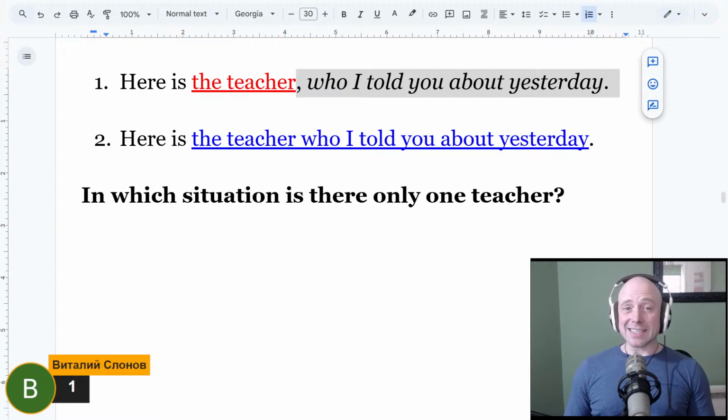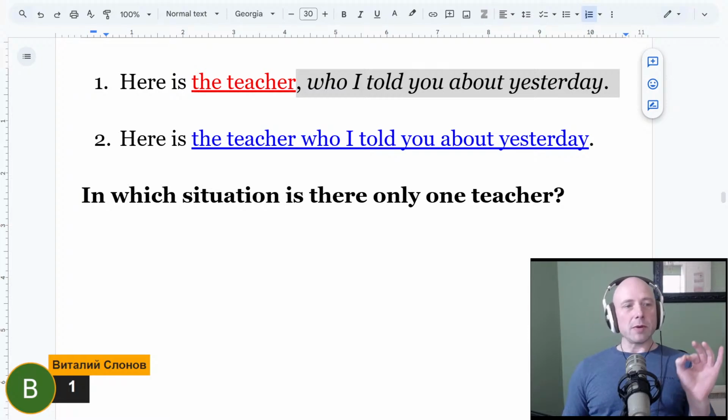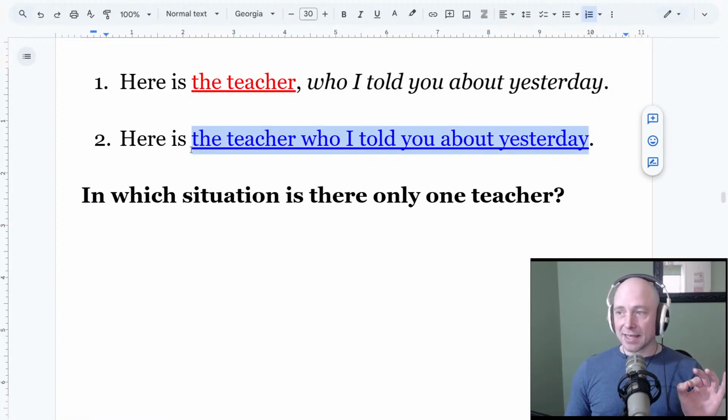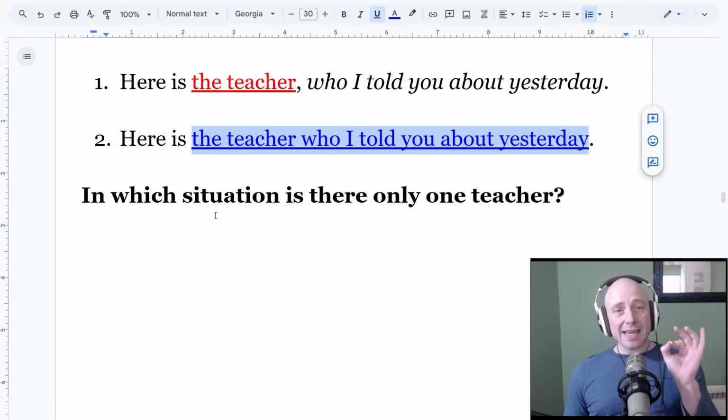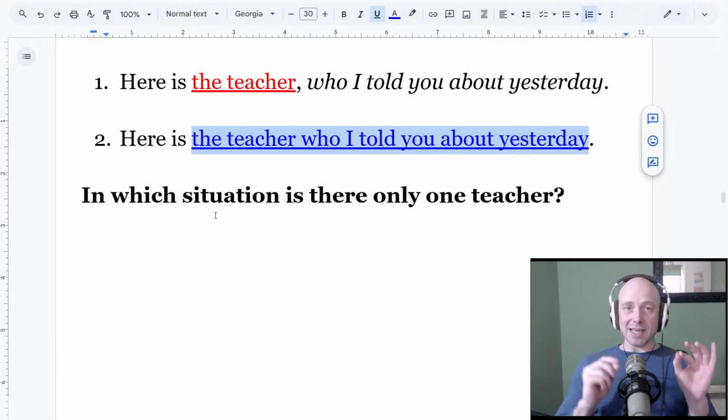The answer is, in sentence one, there is only one teacher. In sentence two, we specify the teacher who I told you about yesterday. However, the implication is there are other teachers who I didn't tell you about yesterday.